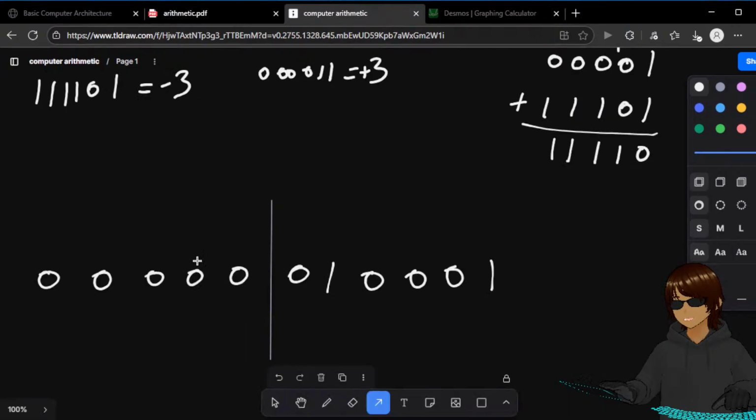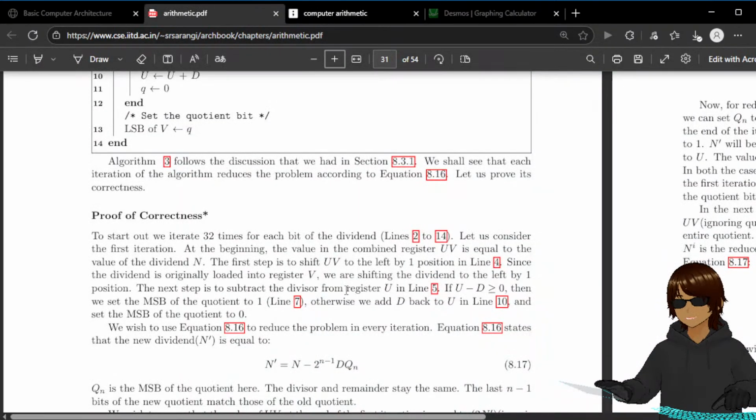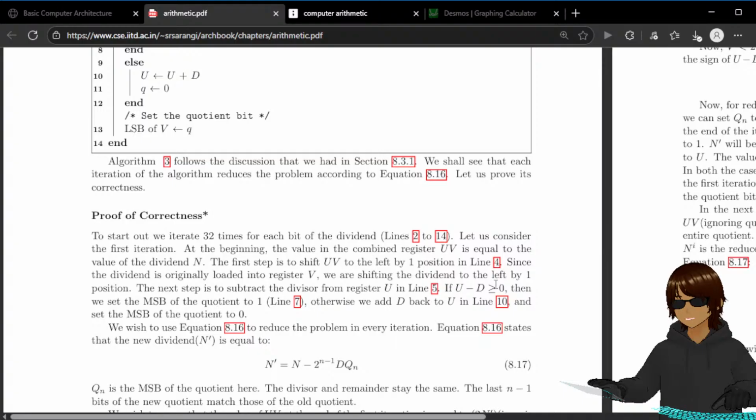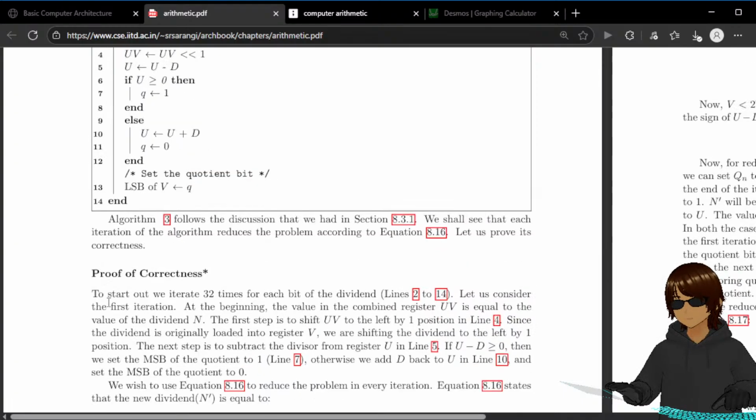0 minus 3 is minus 3. So it's less than 0. It's a negative. Set the most significant bit.